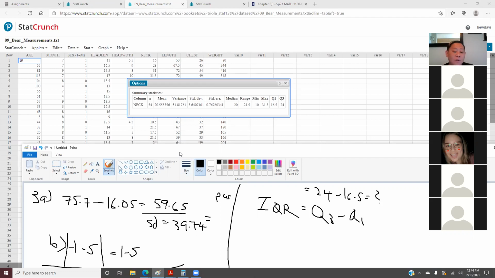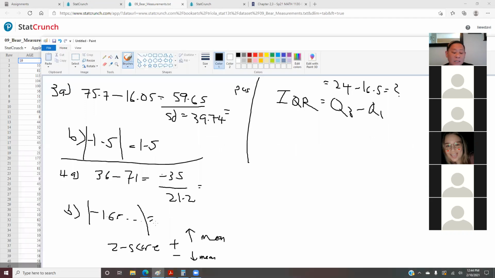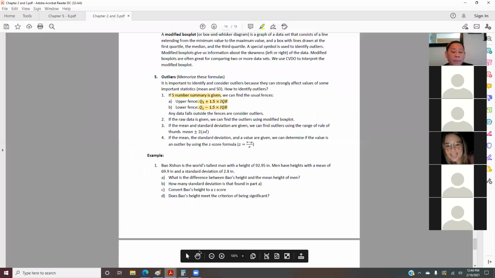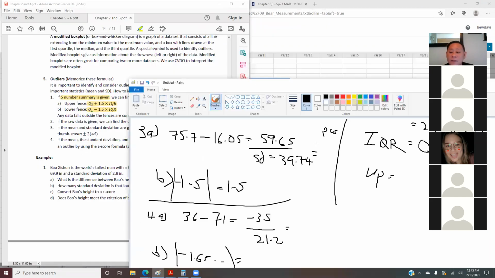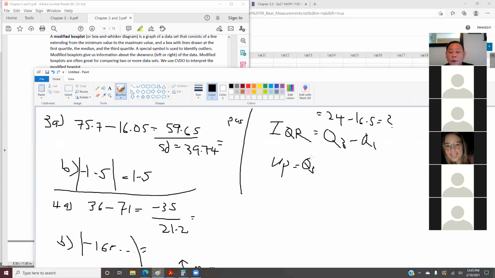And then after that, you plug it inside this formula. The upper fence is Q3 plus 1.5 IQR, and your lower fence in this case is Q1 minus 1.5 times IQR.